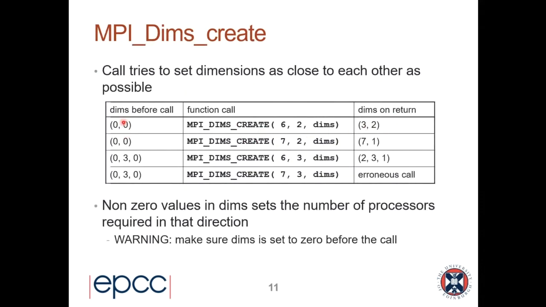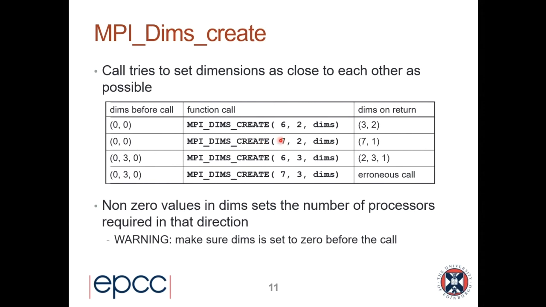So if on entry the dims is 0, you're telling MPI it has complete freedom. So if dims is 0 before you do MPI_Dims_create, I've got 6 processes, I want them in a 2D grid, it will give you back maybe 3 by 2 or 2 by 3. Okay.